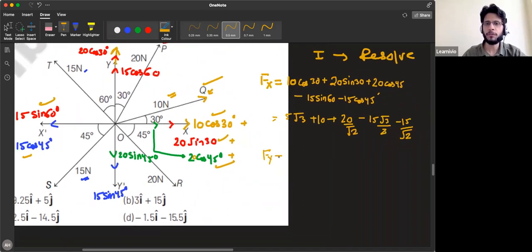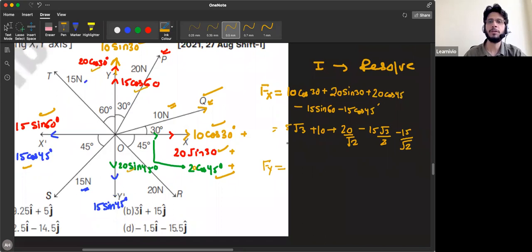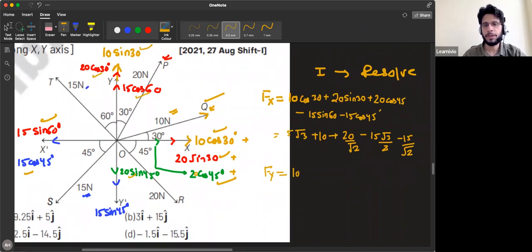Similarly, you can calculate Fy also. So Fy will be 10 sin 30 plus 20 cos 30 plus 15 cos 60 minus 20 sin 45 minus 15 sin 45.